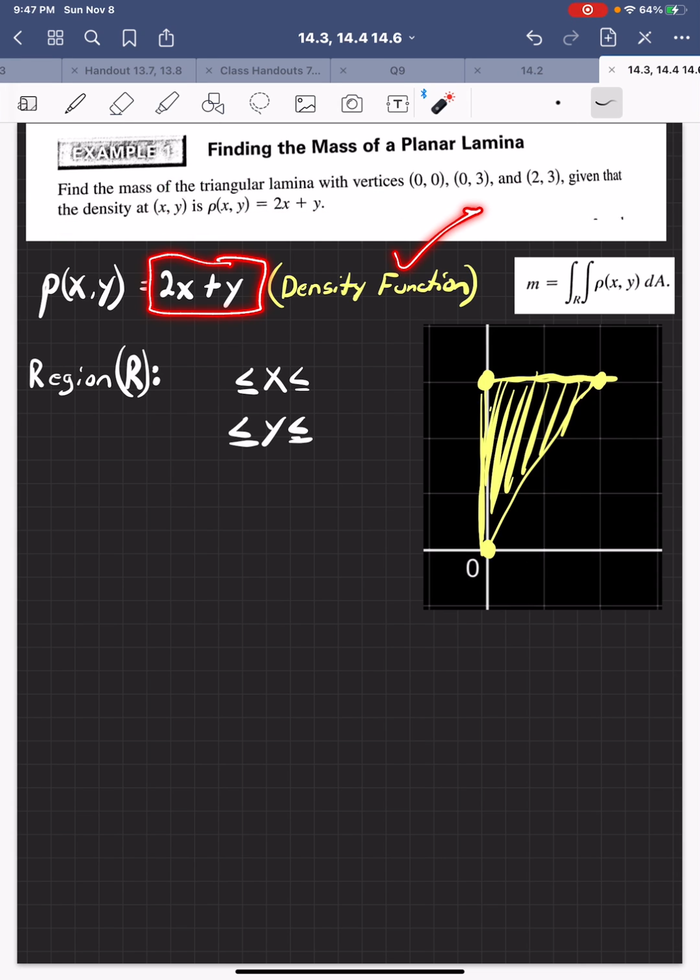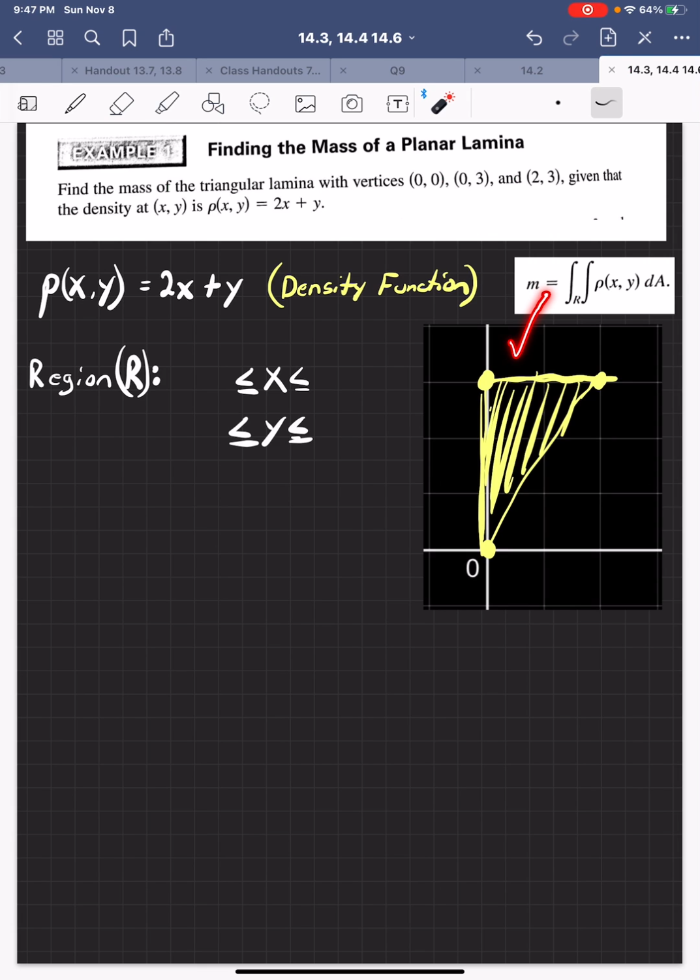If you give it an x and a y, it will give you back out a density. And density is normally thought of as measuring mass per unit volume. But for planar laminas, we normally think of it as mass per unit surface area, if I recall correctly. But nevertheless, let's start with the region.